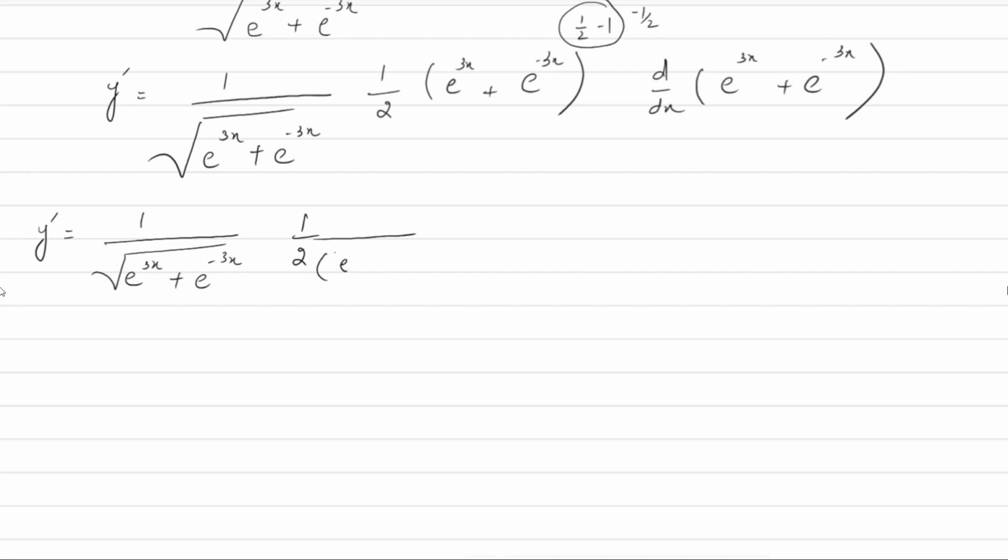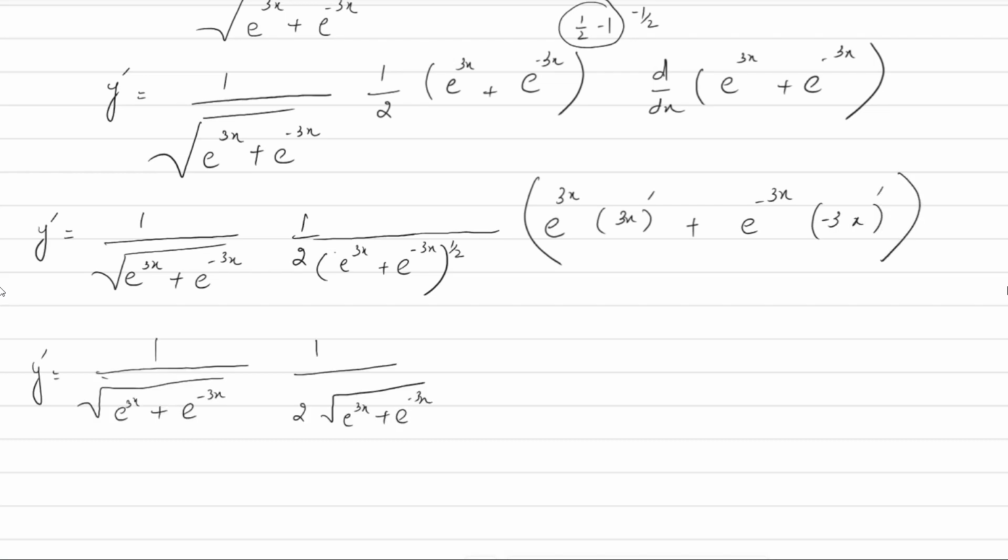Hopefully you have understood this. This is equal to 1 upon 2, and the derivative of e raised to x is e raised to x, and the derivative of 3x, plus the derivative of this would be e raised to the power minus 3x, and then minus 3x derivative.